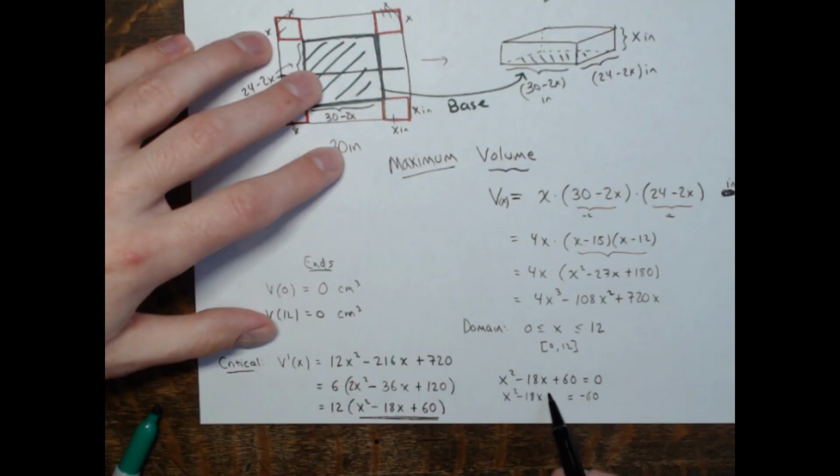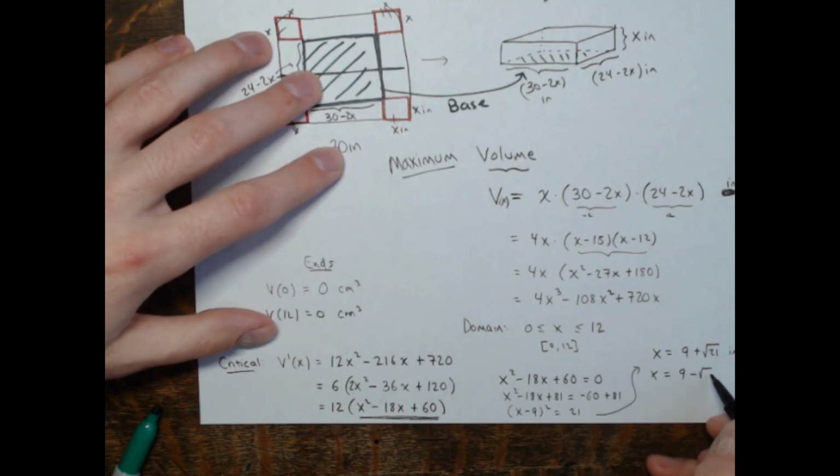Half of this is -9, squared is 81. So this is (x minus 9) squared equals 21. And so x could be 9 plus the square root of 21 inches, or 9 minus the square root of 21.